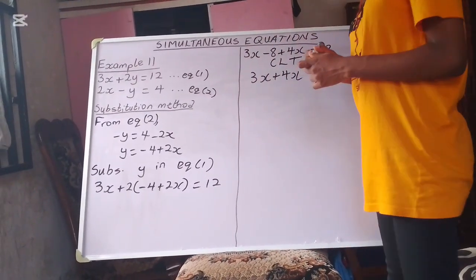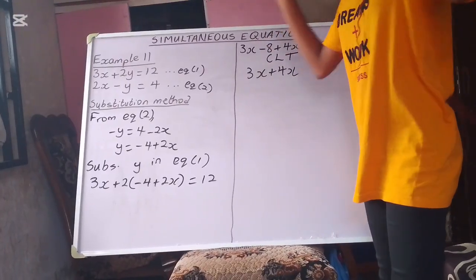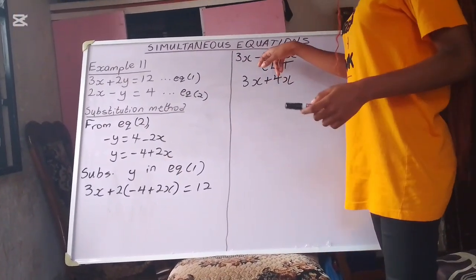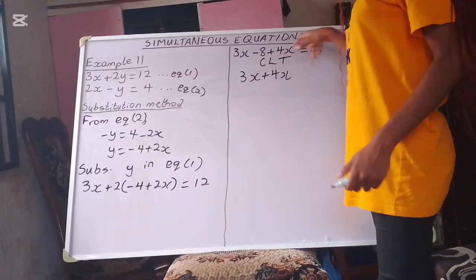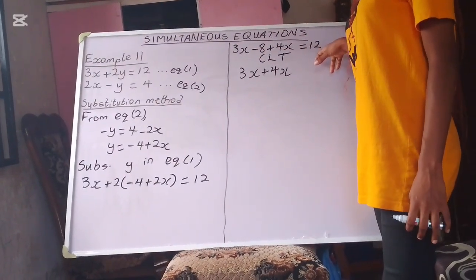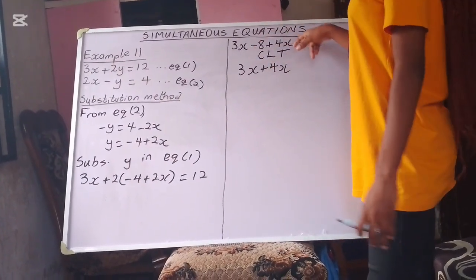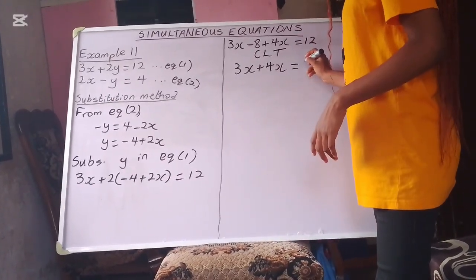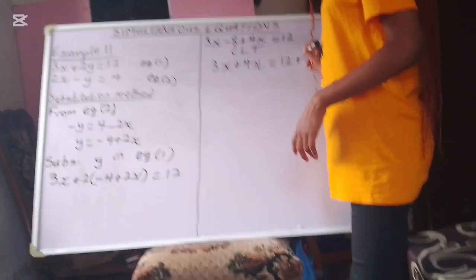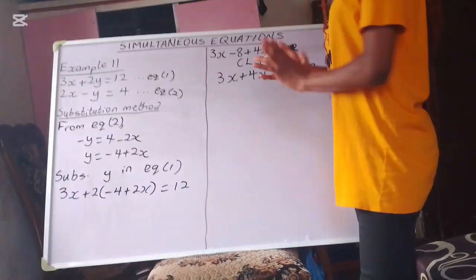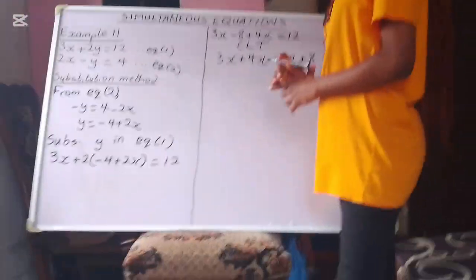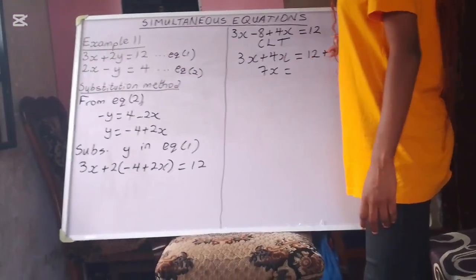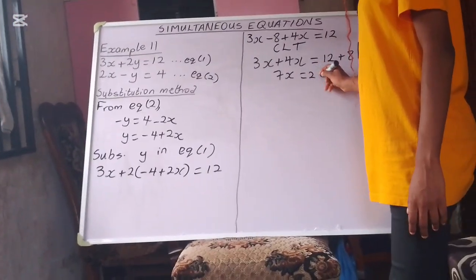Collecting like terms means moving anything x, anything y to one side, then numbers to another side. So I want to move this negative 8 to meet the number 12. And if I move it, because it's going to cross the equal to sign, it will turn to plus 8. So on the right hand side, we'll have 12 plus 8. Now, 3x plus 4x will give us 7x equals 12 plus 8, which gives us 20.